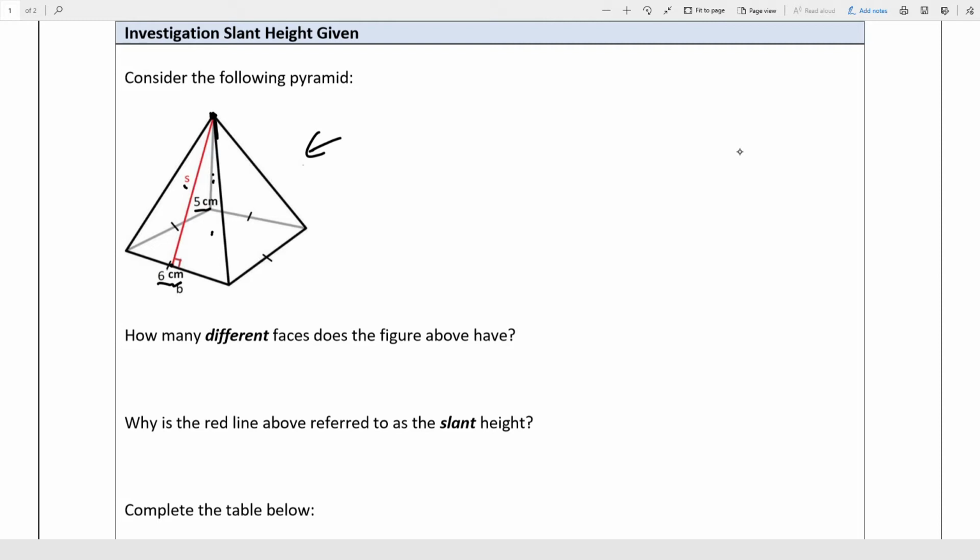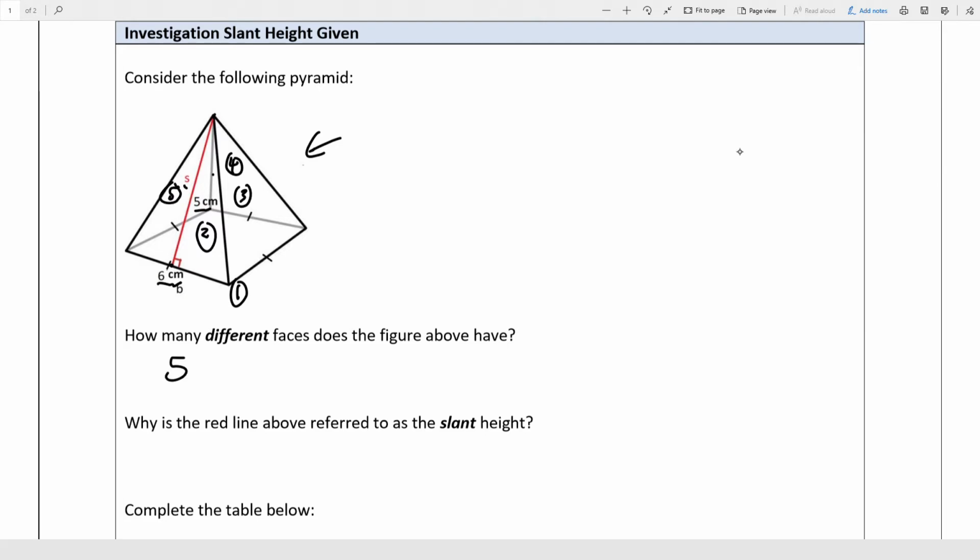Okay, so here, the first question asks, how many different faces does the figure above have? First, there's a square at the bottom, so that's 1. And then there's this triangle, 2, 3, 4, the triangle at the back, and then 5, the triangle on the left side of this pyramid.